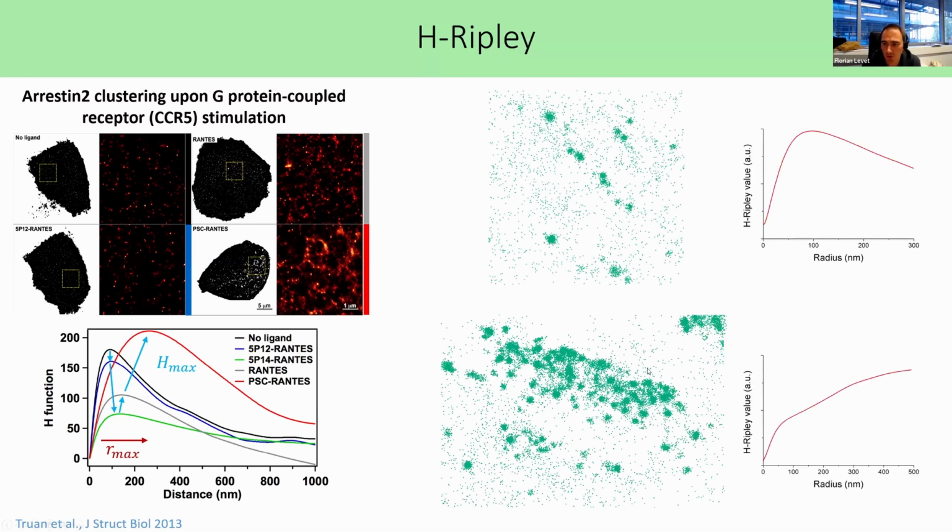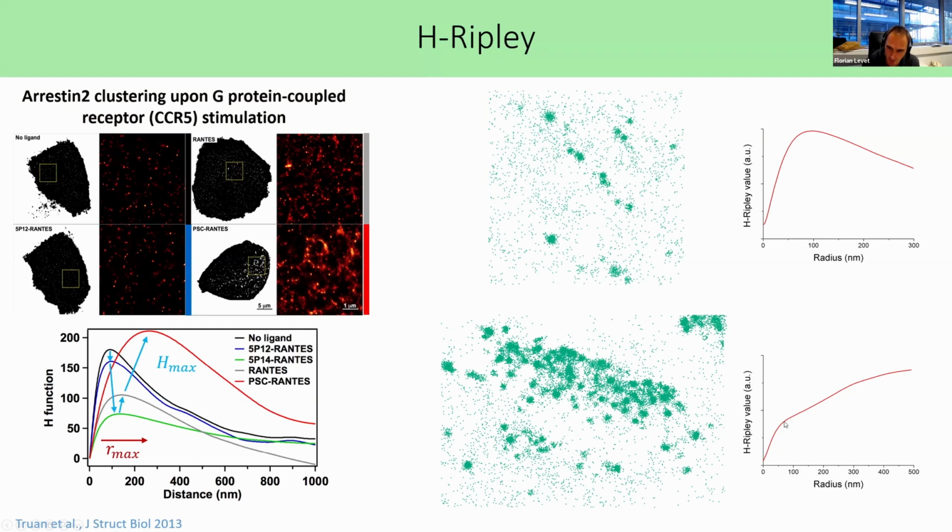The problem is that if you have something that is well clustered, like the dataset above, you have a clear peak. Here in this case, it's around 100 nanometers. But when you begin to have different levels of organization, and this is the case in the data below, because you have some background, you have an adhesion site, and you have clusters inside the adhesion site and in the background.